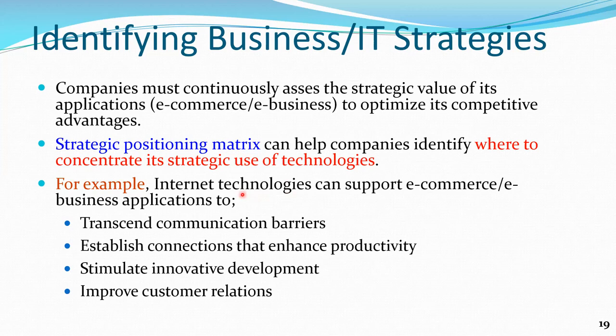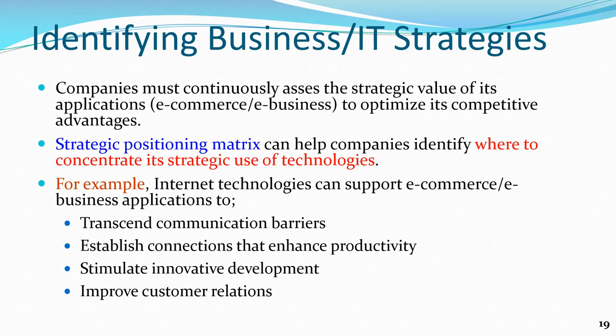Here, it says that, for example, internet technologies can support e-commerce or e-business applications to overcome communication barriers or establish connections that enhance productivity or stimulate innovative development. Likewise, different technologies could do different things.